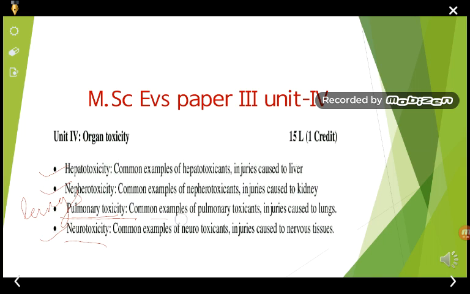So what are the common examples of pulmonary toxicants? We are going to study the different types of toxicants that injure the lungs, what different types of injuries they can cause, and what their effects are on the body.